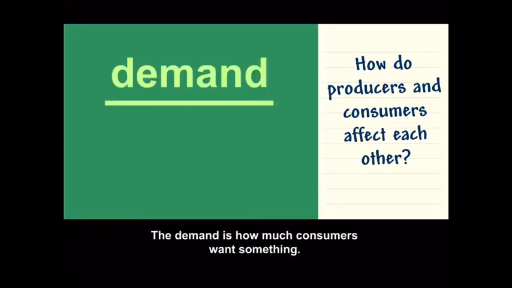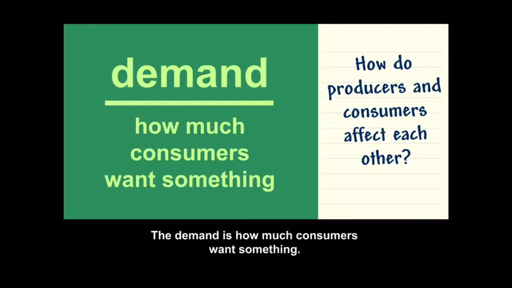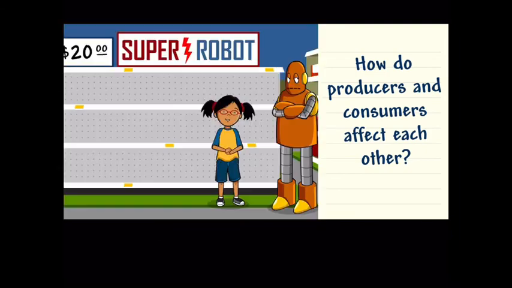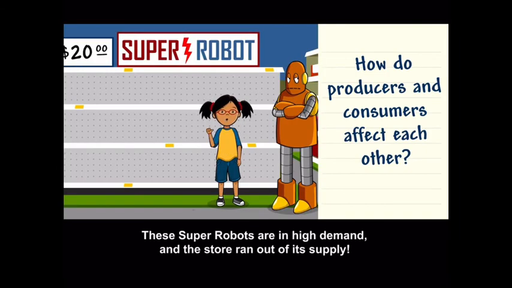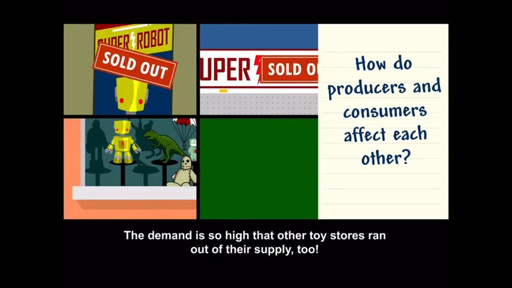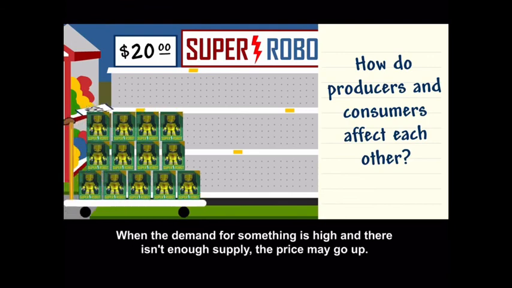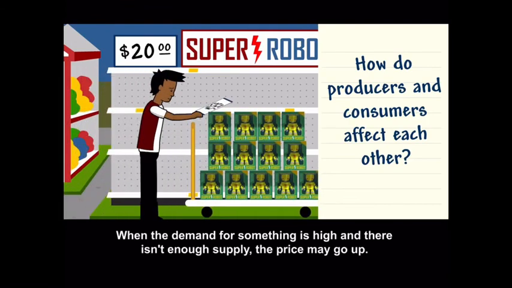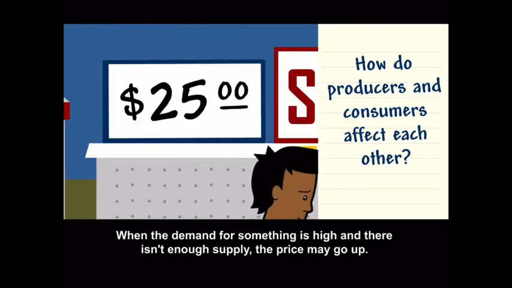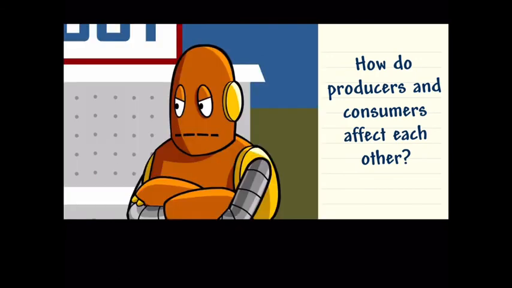The demand is how much consumers want something. These super robots are in high demand, and the store ran out of its supply. The demand is so high that other toy stores ran out of their supply too. When the demand for something is high and there isn't enough supply, the price may go up.